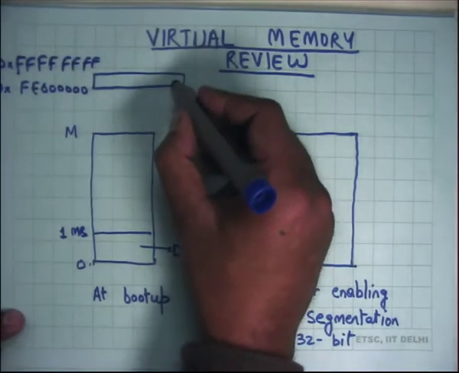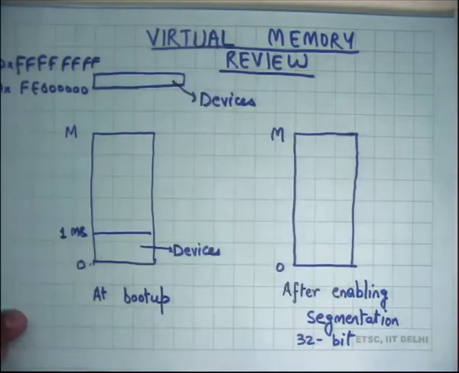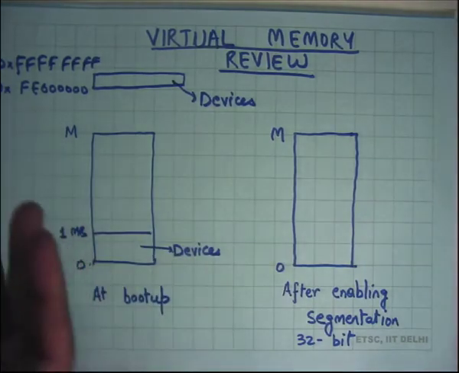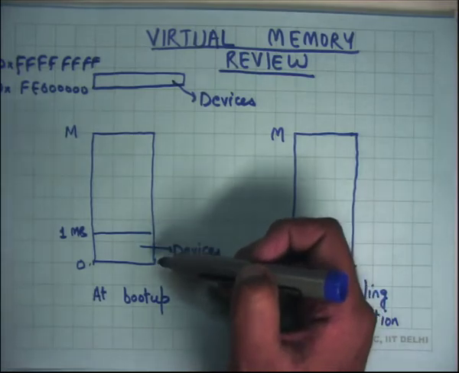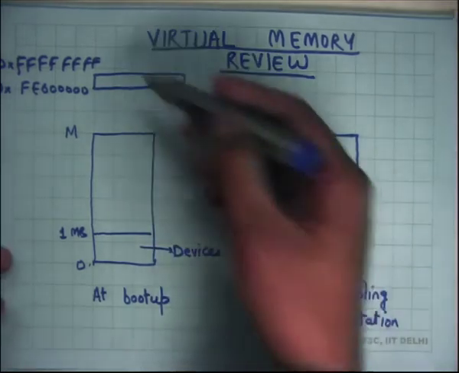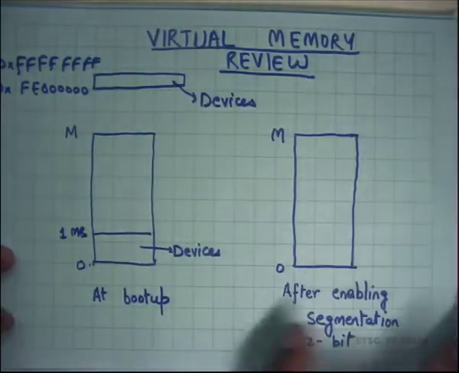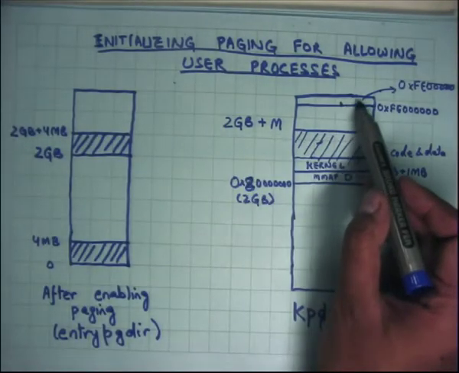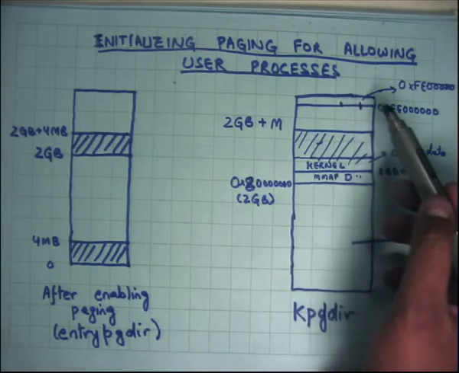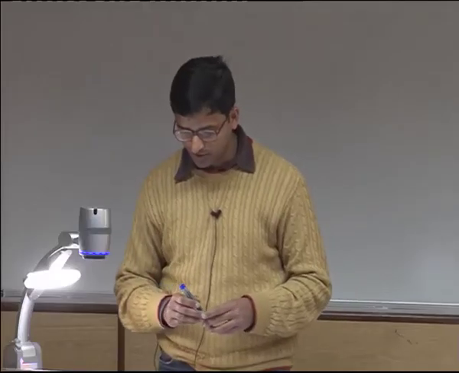This area can also be accessed, however this will also point to devices, right, in the physical address space. So that was the original physical address space. So the amount of physical memory that you can have in your system is not really 2 to the power 32 minus 1, it is 2 to the power 32 minus 1 minus 1 MB minus whatever this is, okay. And so what the kernel wants to do is retain this access, and so it is going to map this identically to the corresponding physical address space, right, that is all. Anyways, that is not really important, but when we are looking at code it will help us in understanding what is going on.